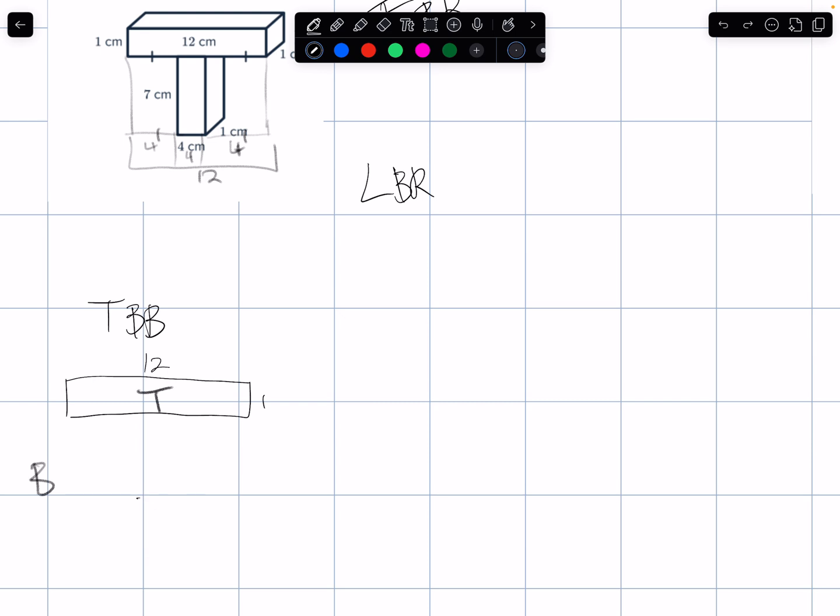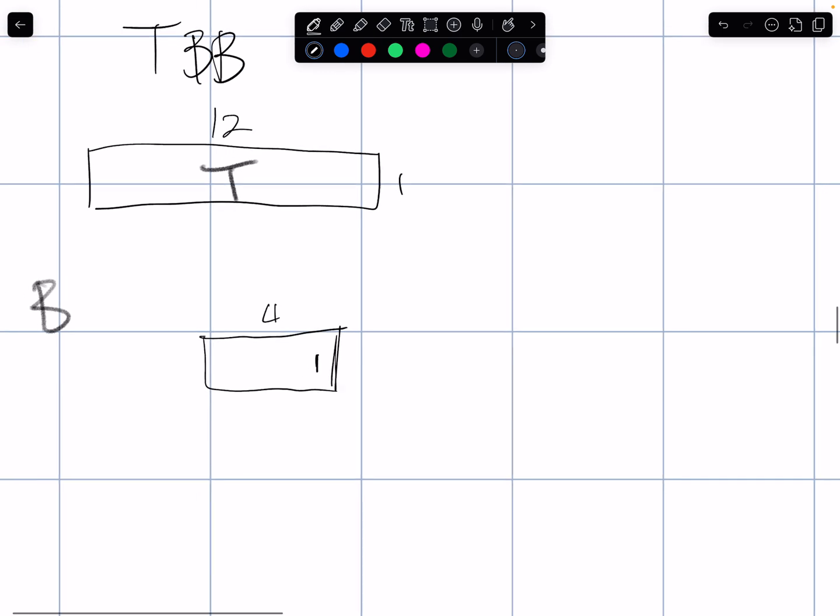Even though it doesn't look like that, sometimes when they create these problems, the numbers that they give don't actually match what you're seeing. In this case, they're saying that this bit here is 4 centimeters, which looks shorter than this side, even though it's saying it's 4 centimeters and it was 1. Anyway, we'll go with it. So 4 centimeters, 1 centimeter.